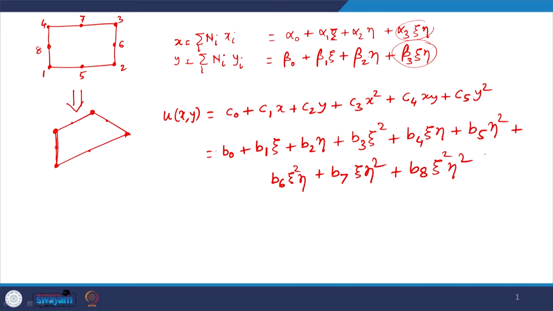So, how many terms? There are a total of 9 terms here, 1, 2, 3, 4, 5, 6, 7, 8, 9.